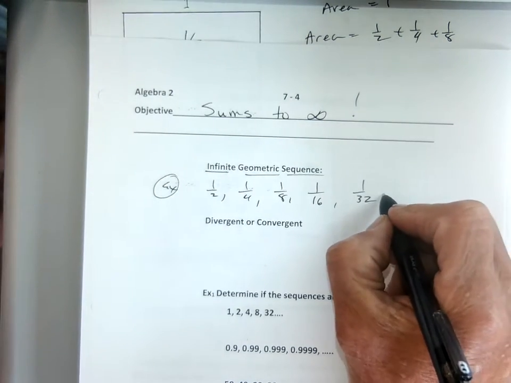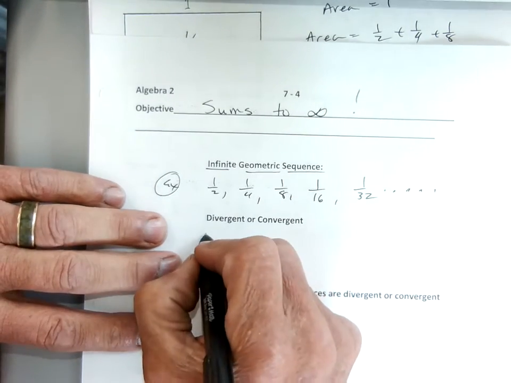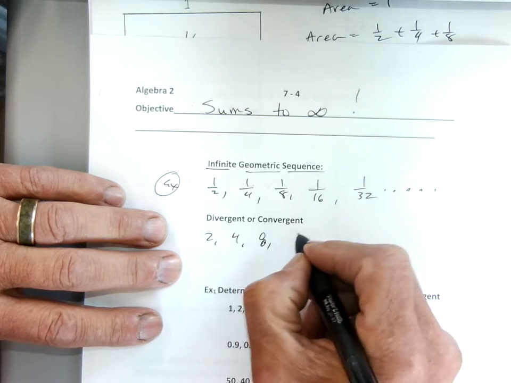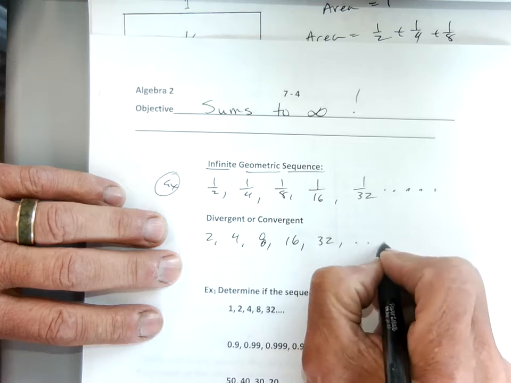Now if I got dot, dot, dot, dot, dot, that's going to infinity, right? If I did 2, 4, 8, 16, 32, dot, dot, dot, dot, okay?